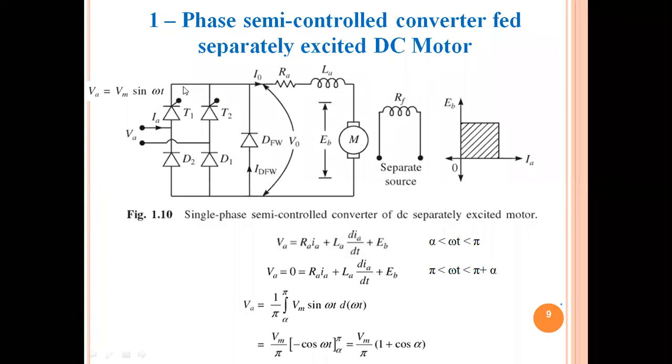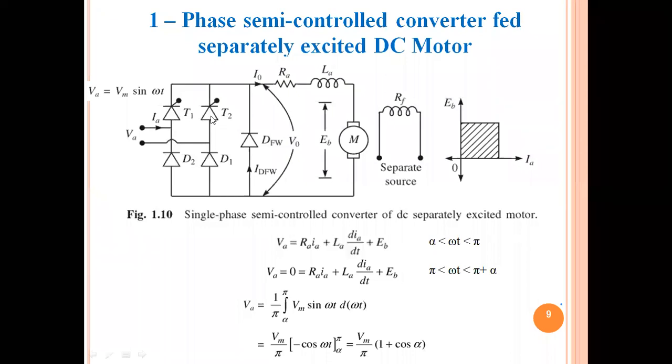See, I think I have explained this in the power electronics lab also. A semi controlled converter will have two thyristors, and the remaining two will be diodes. So out of four switches, we are having two thyristors and two diodes. That is the reason why this converter is called semi-controlled.